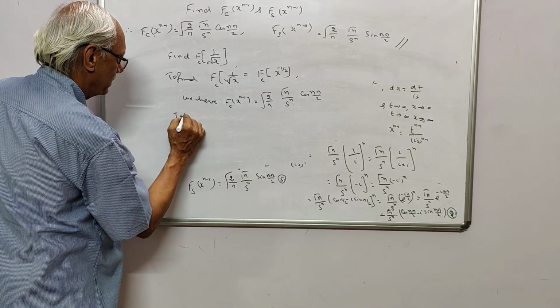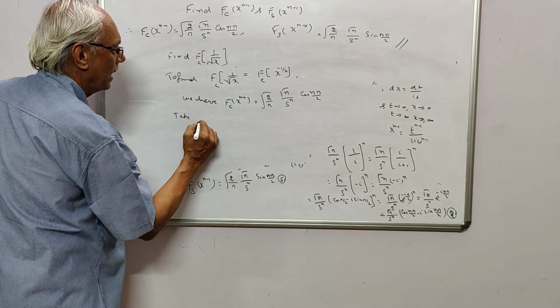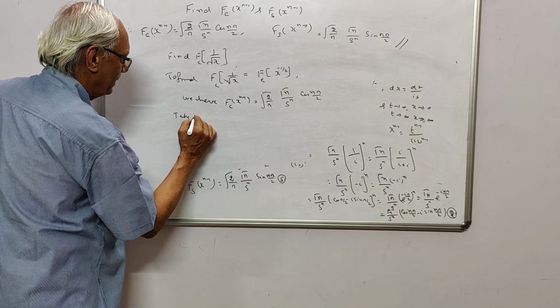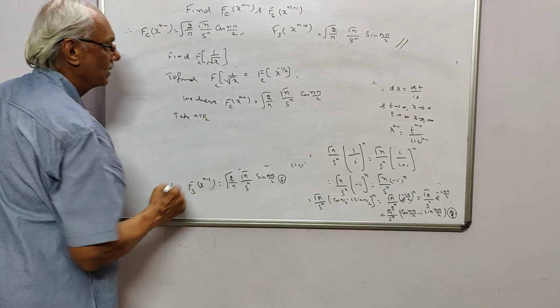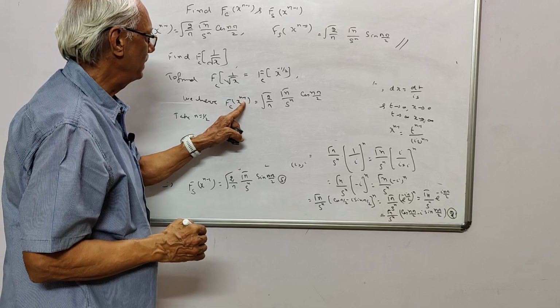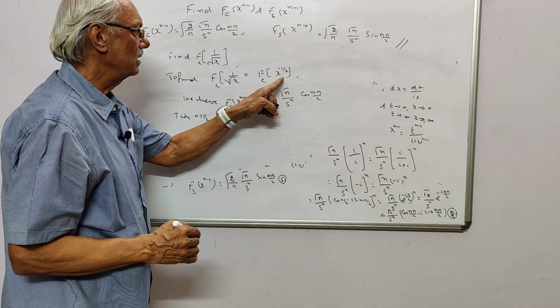Now take n is equal to half. If you take n is equal to half, it will be half minus 1 is this one.